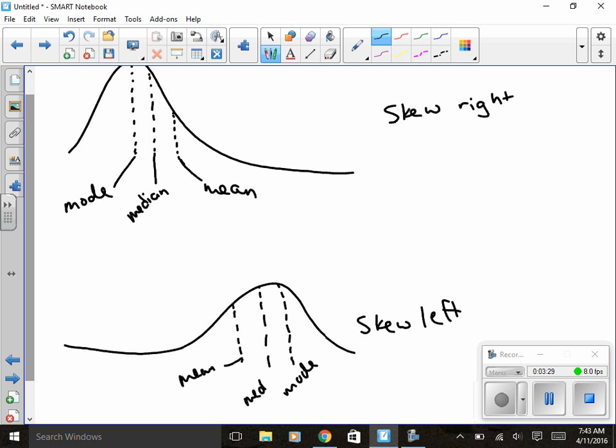Just because it's skew doesn't necessarily mean that you always have outliers. So that's something that you need to be working with when you're doing your comparisons, is trying to figure out which is the best central tendency to use for comparisons. Because, you know, if you're comparing a mode and a median, those are totally different measures of central tendency, so you can't necessarily compare them. You need to compare with the same measure.